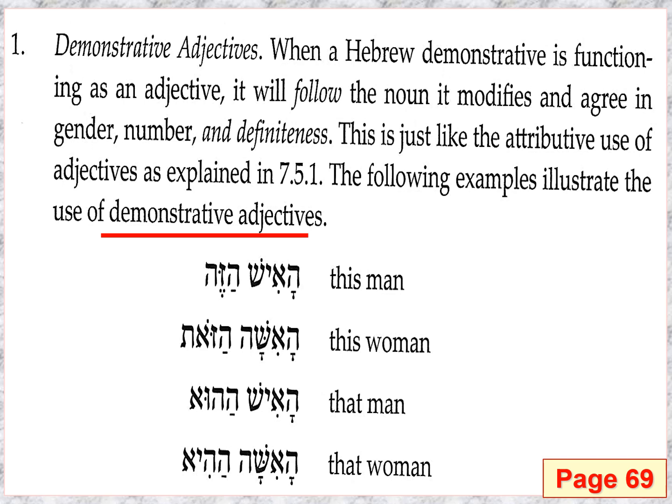Ha'isha hazot. This woman. If we wanted to do the far demonstrative, ha'ish hahu. That man, the one over there, that man.